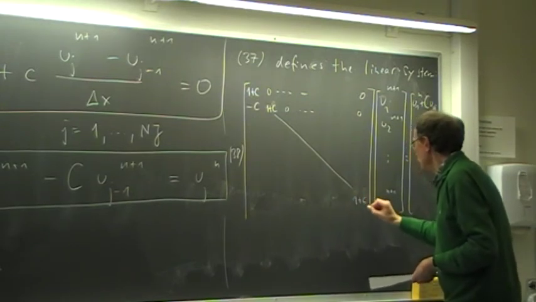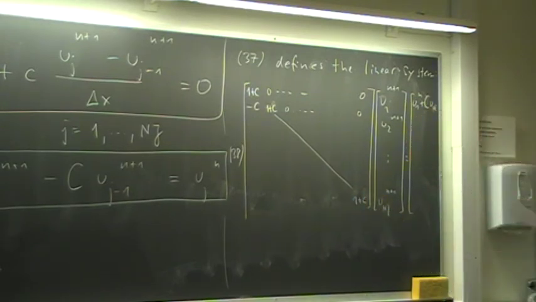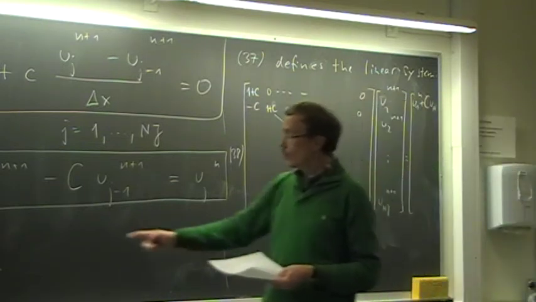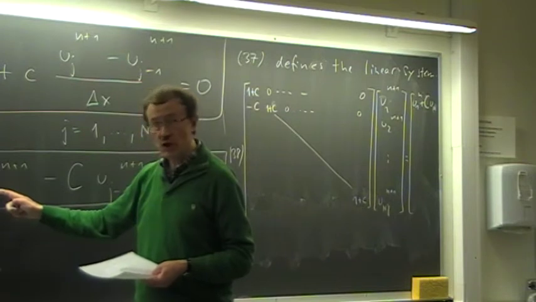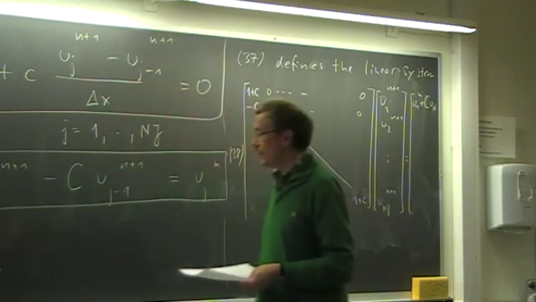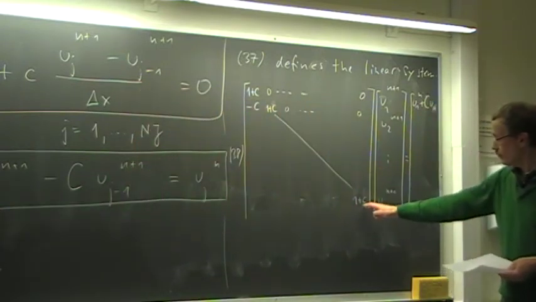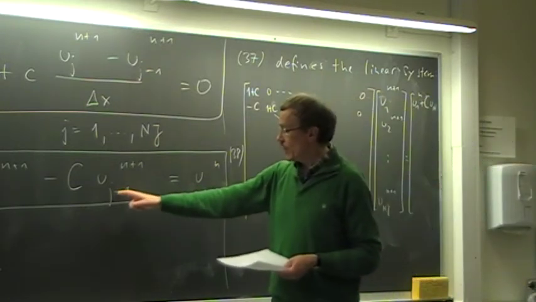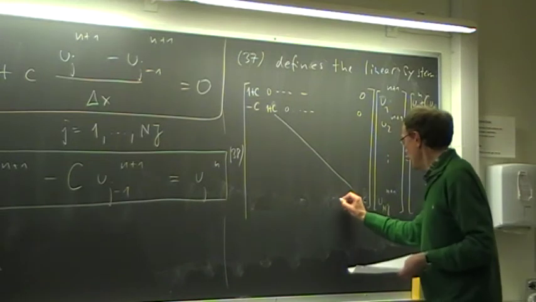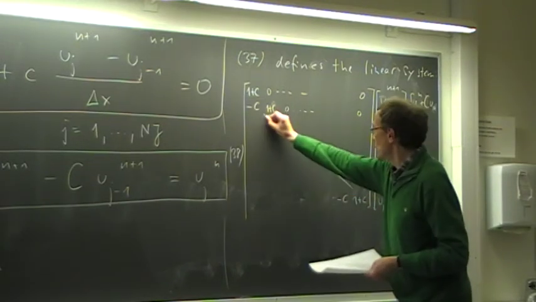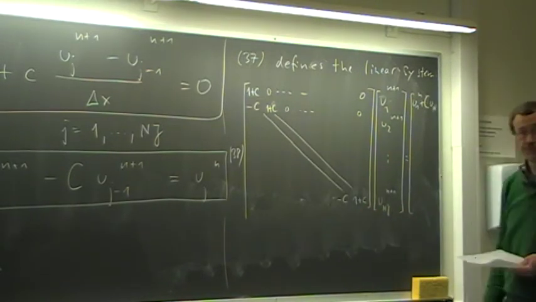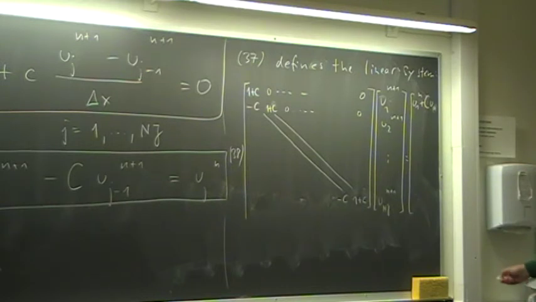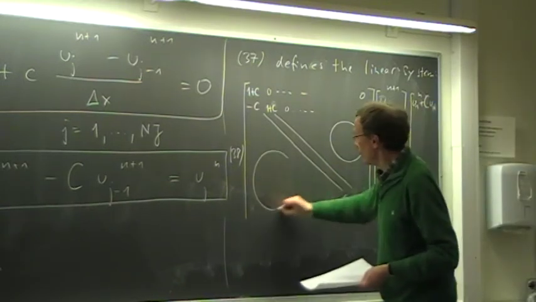For j equal to nj, we have again 1 plus c times u nj, so that will be the lower right corner, the diagonal, minus c u nj minus 1. So it means we will also have a minus c here. This will continue all the way through, and the rest is 0.